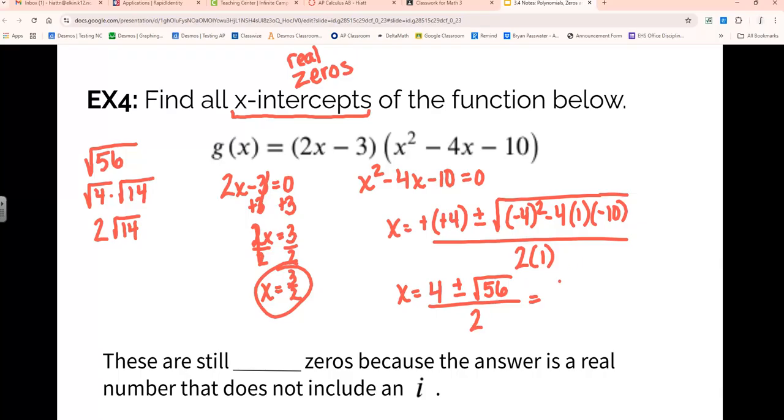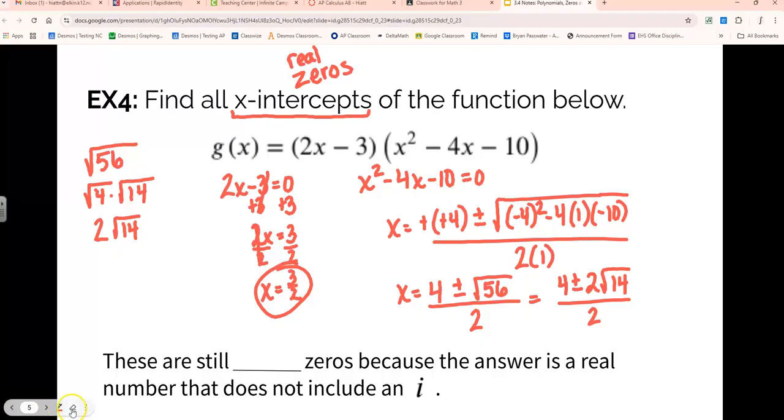So that means our answer could look like this, 4 plus or minus 2 square root of 14 all over 2. And when we get here, all of these numbers, 4, 2, and 2, are all divisible by 2.